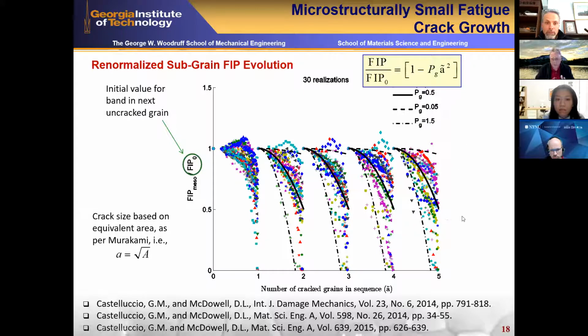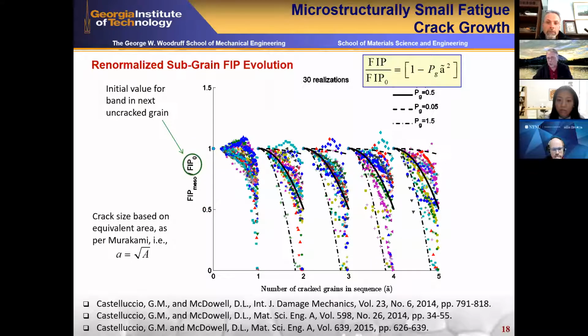When we actually evolved cracks, allowed them to grow and did the computational simulation, which is quite arduous, we would see a characteristic decay of the surrogate driving force in each grain as a crack grows. That's shown by these clusters of points right here, showing the decay, and it's fit reasonably well by these dark black lines, and we renormalize to the FIP at the beginning of each increment of growth through each successive grain.